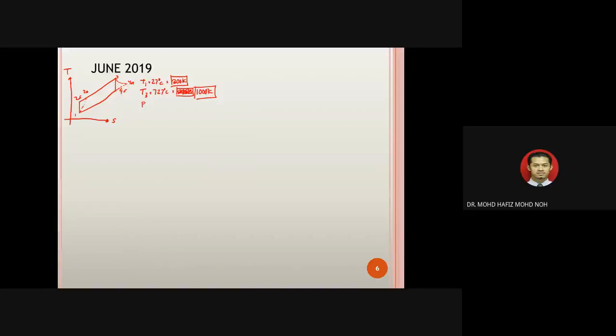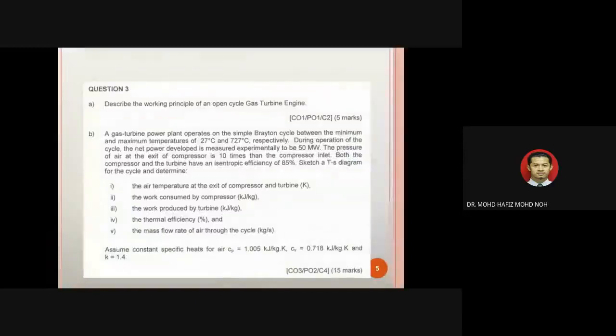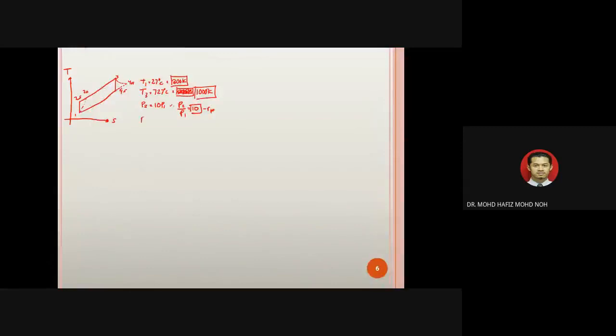And then they also give you the value of P2, which is equal to 10 times P1. Basically, P2 over P1 is equal to 10. So this one is going to be your pressure ratio. And then they also give you the isentropic efficiency for the compressor and turbine, which is 85% for the turbine, as well as 85% for the compressor.